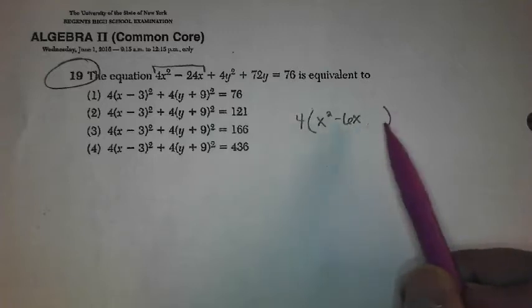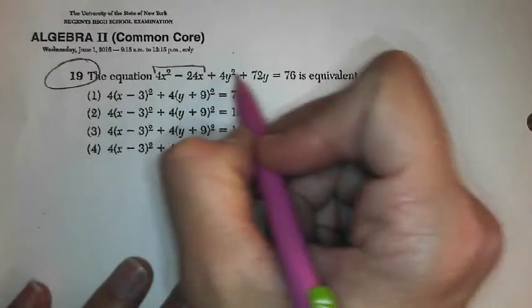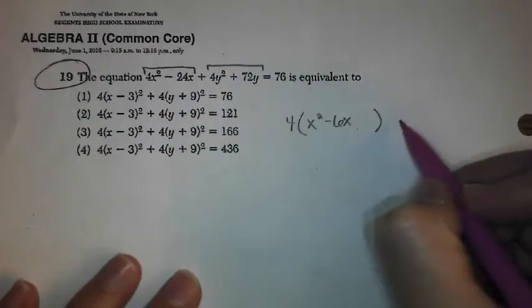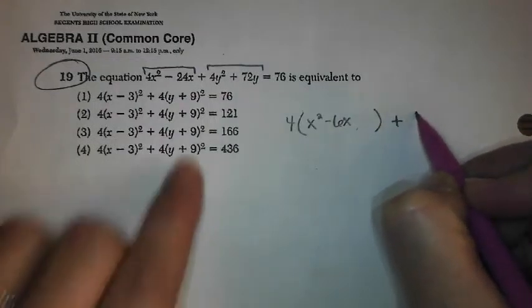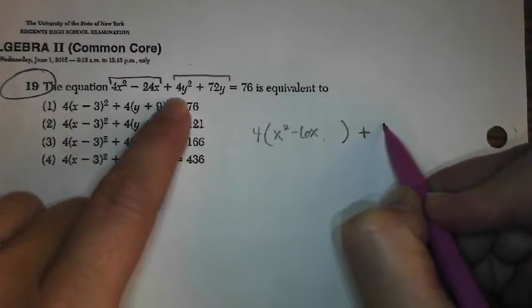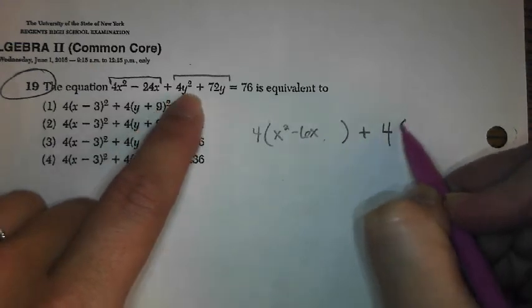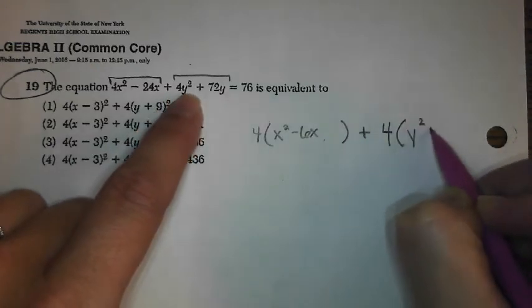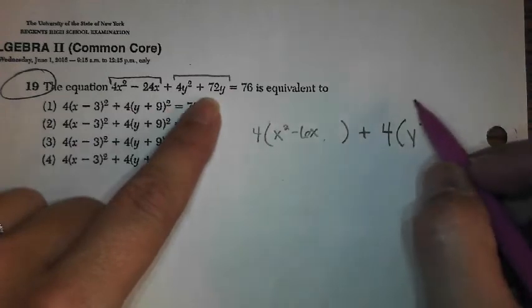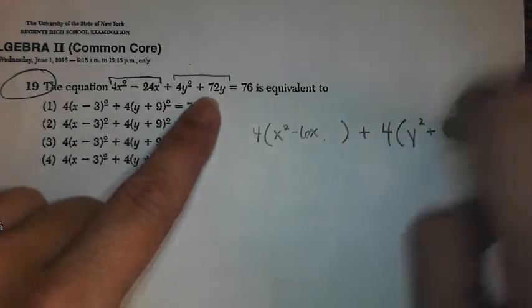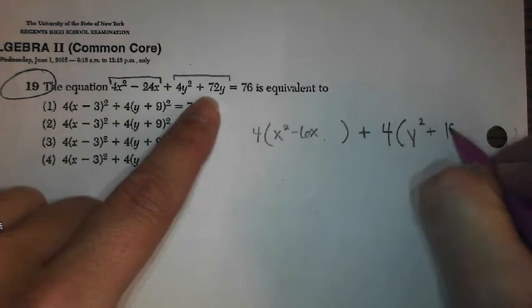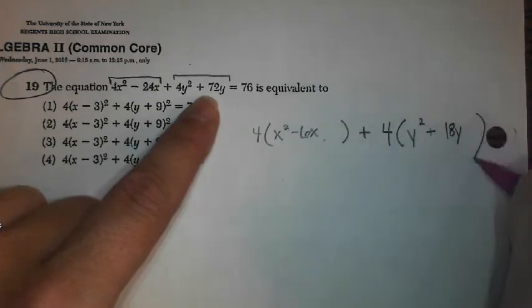What's the magic? Actually, you know what? Let's just sort of plus. But remember, there was a tricky little thing that came up when there was a GCF. I also have to factor 4 out of the second one. 18. Oh, it's not y squared. It's, oh yeah, it is.